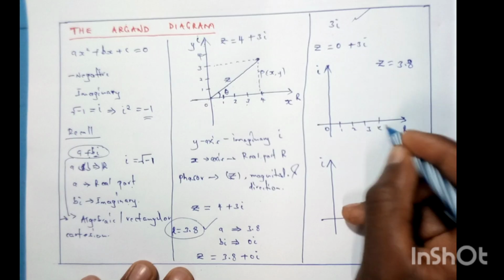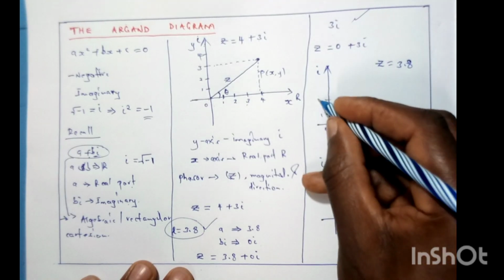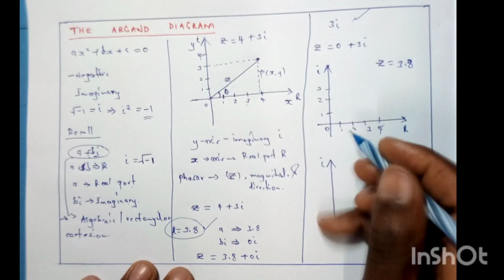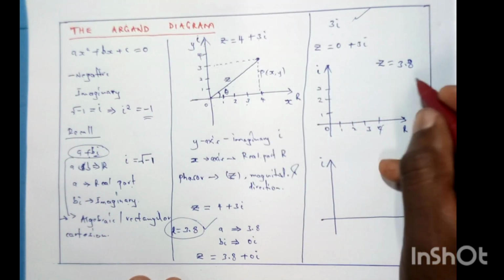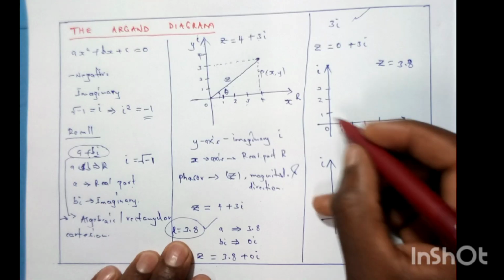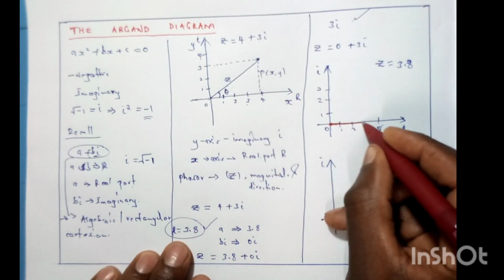So this is going to be a continuation of numbers along that one, and for the imaginary number I'm going to have 1, 2, 3. So this is going to be a representation along the real part, with this one represented as 3 units along this axis.